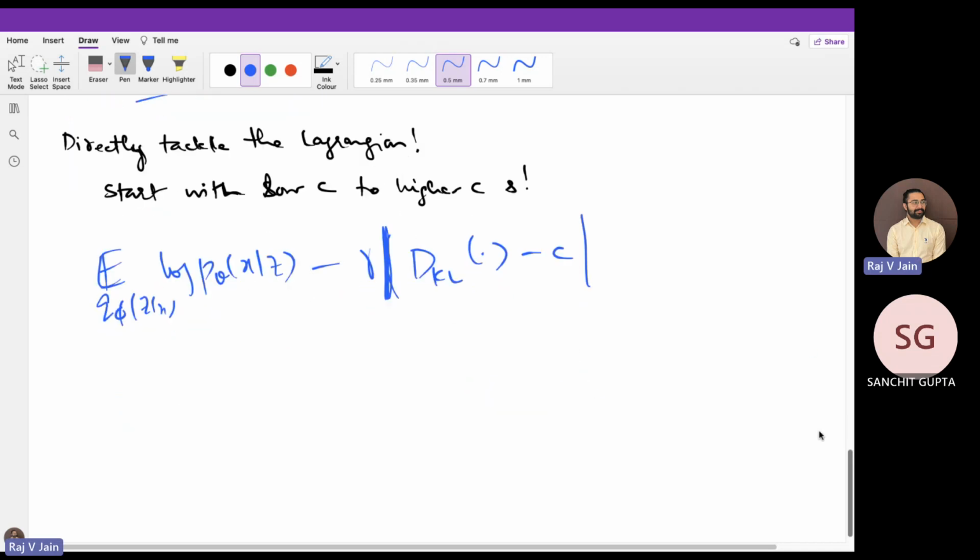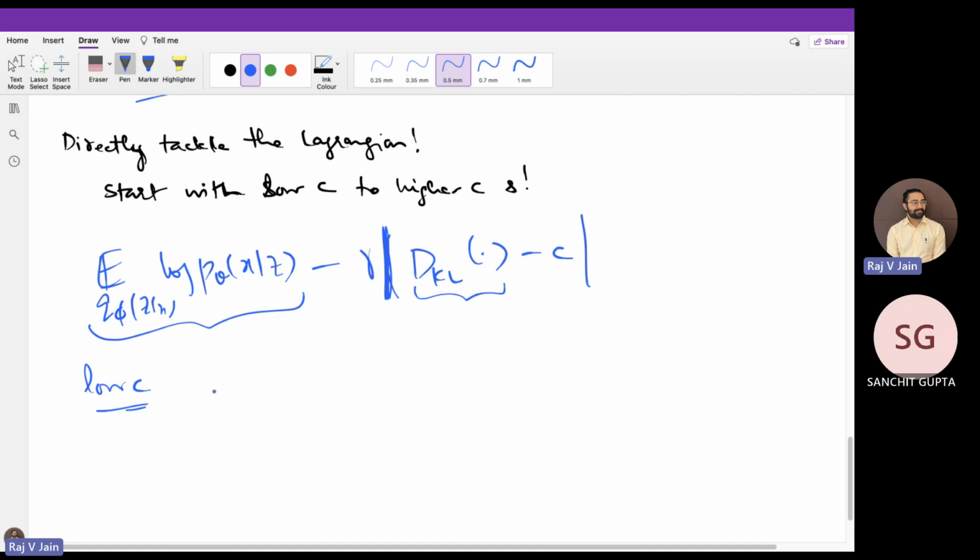What they do is you start with a low value of c and train this model. So what we are telling the model is, try to reconstruct as best as possible, and with whatever dependent factors, we are fine. So we're giving it more leeway in the initial stage.